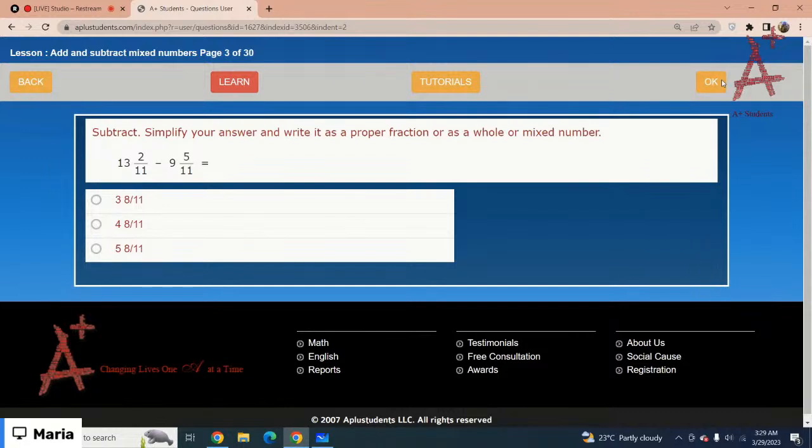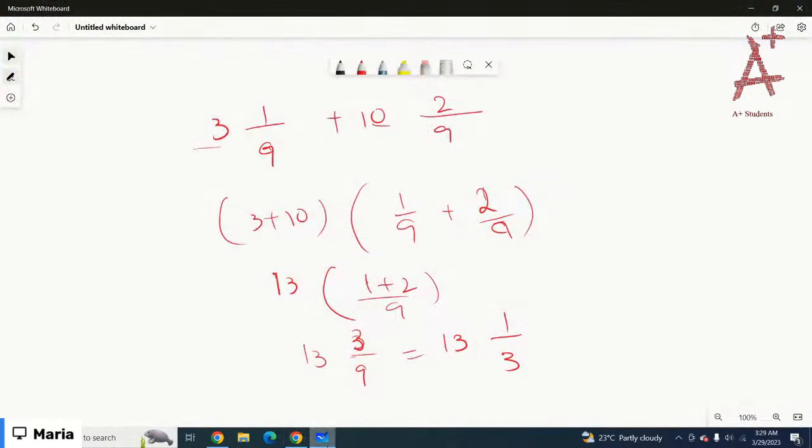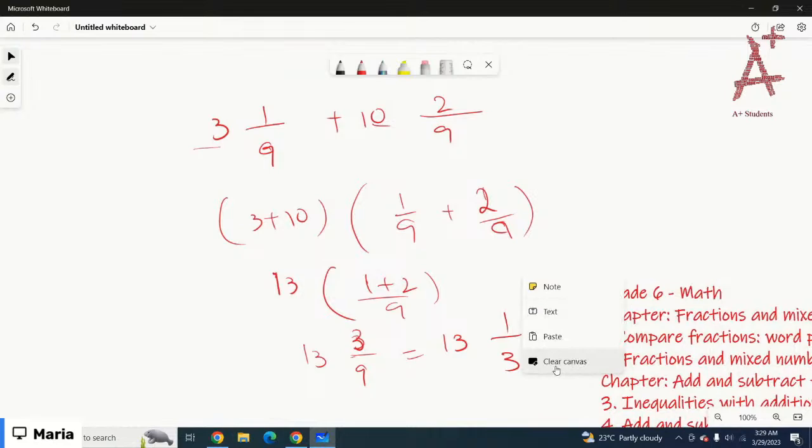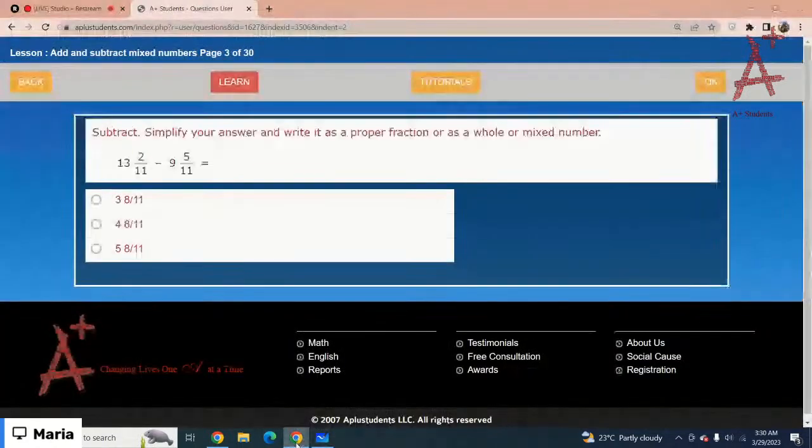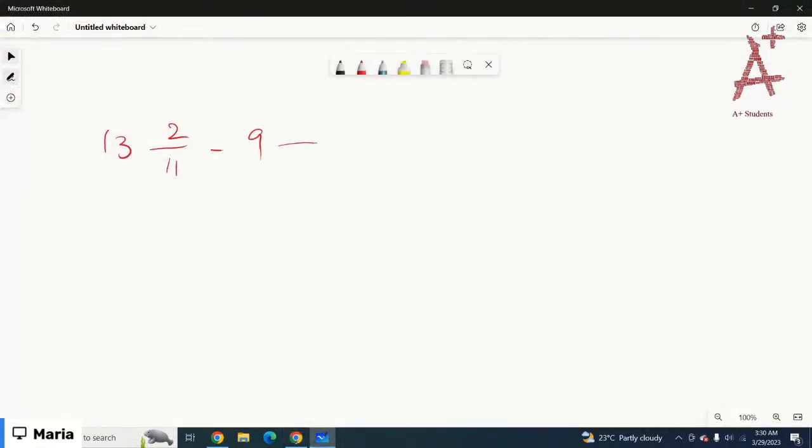Let's just subtract. 13 whole 2 over 11 minus 9 whole 5 over 11. Subtract the whole numbers separately and the fractions. But we can't subtract 2 out of 5. Got it?